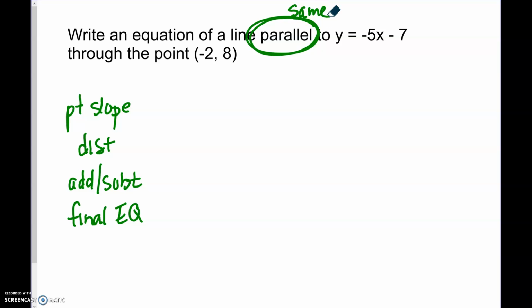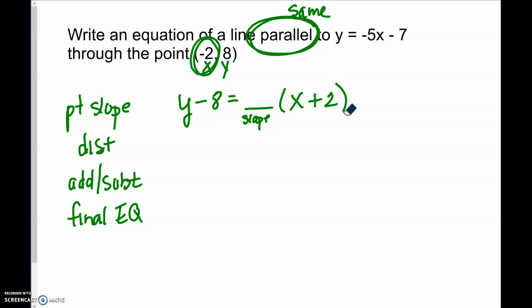Let's start with point slope. This is x, this is y. So it's y minus 8 equals, and let's leave that blank for our slope. And now we have x, and because this is a minus 2, I'm going to write a plus 2. Now, where do we get the slope?